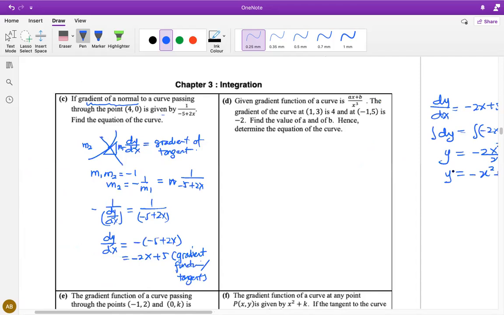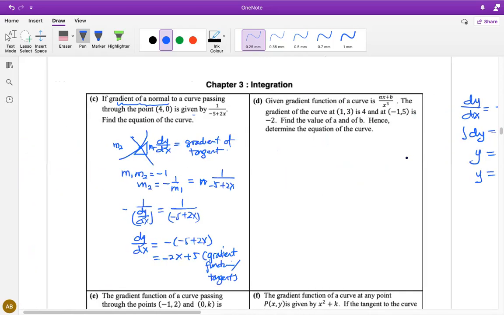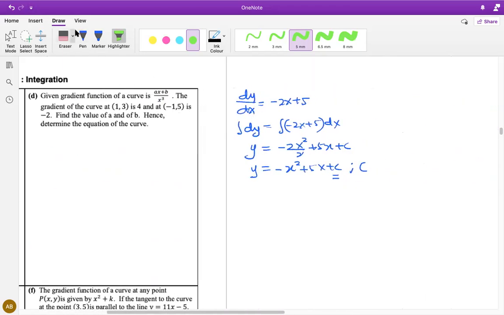In order to get the equation of the curve, we need to solve for c first. How to get c? The question gives you a very important clue: it passes through (4, 0). So I substitute in: 0 equals -4 squared plus 5 times 4 plus c.